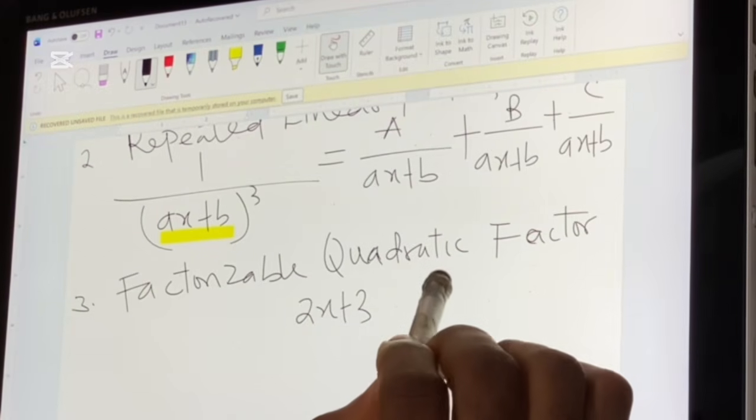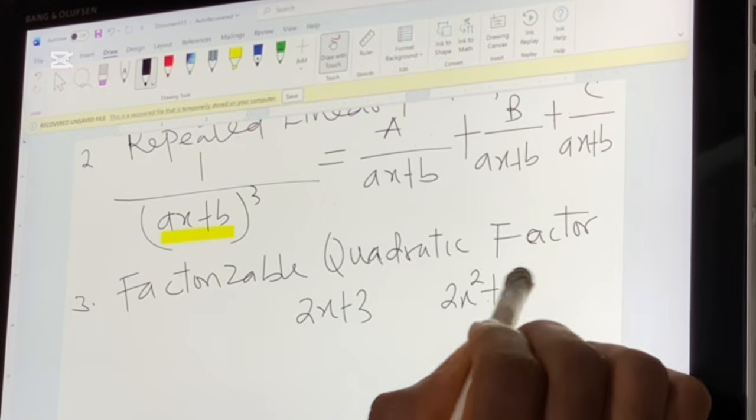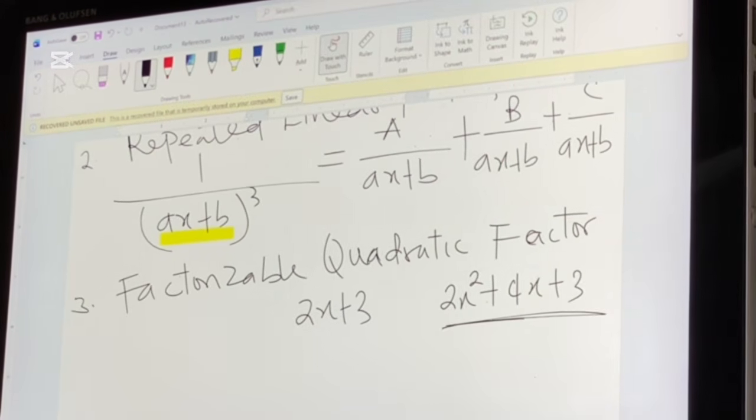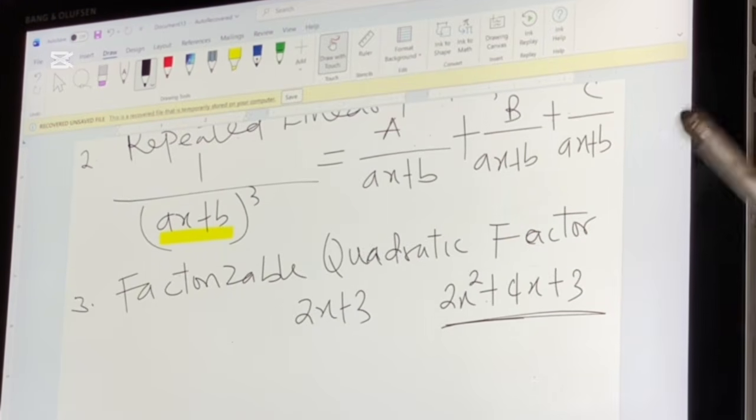But if I have 2s squared plus 4s plus 3, we say this is quadratic. Please take note. When the power of s is raised to the power of 2, we say it's quadratic.